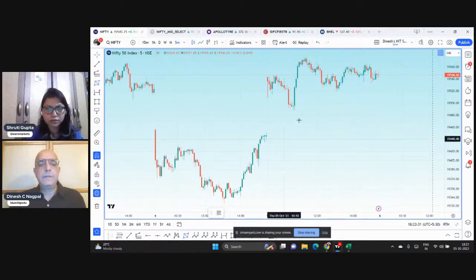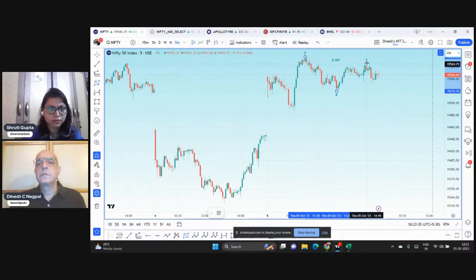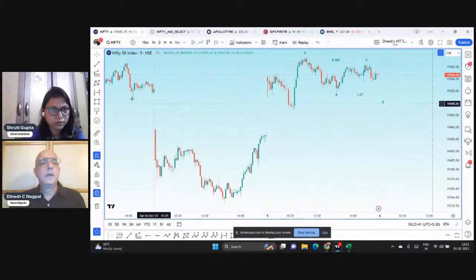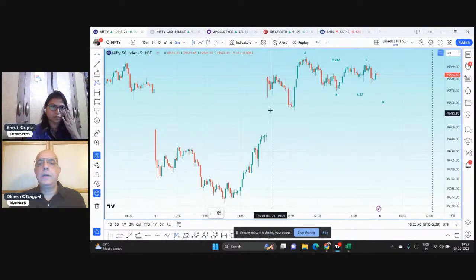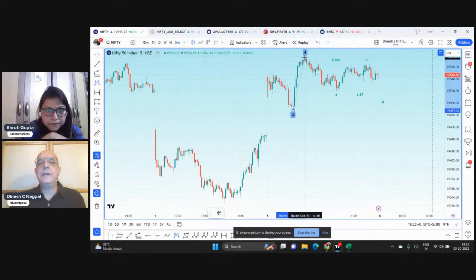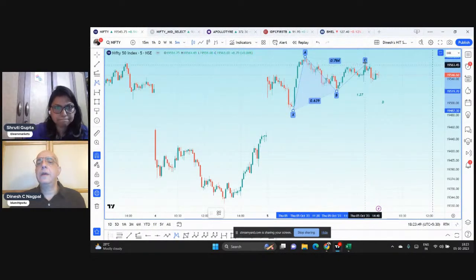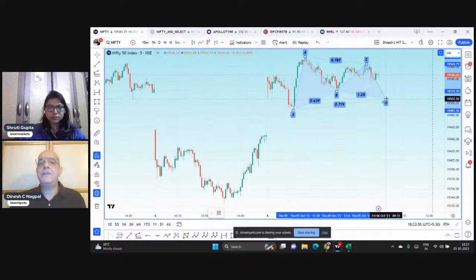Just a second. You could also have an ABCD kind of structure. Yeah, it matches with the Gartley out here. So in case there is a dip tomorrow morning, and if this level comes, then you know that there is a Gartley plus an ABCD out here.